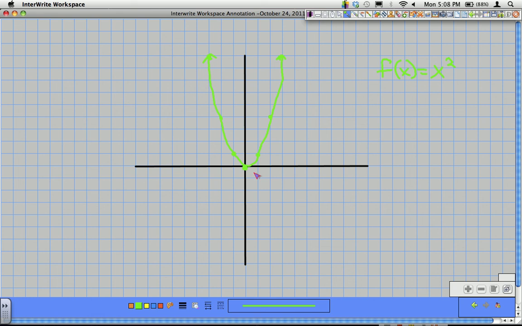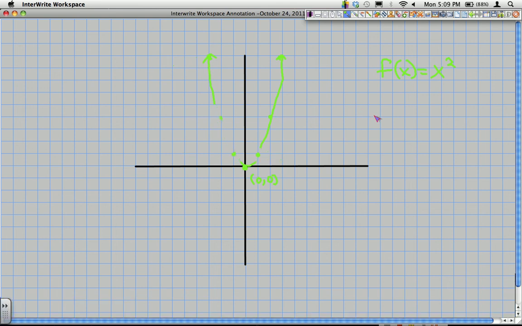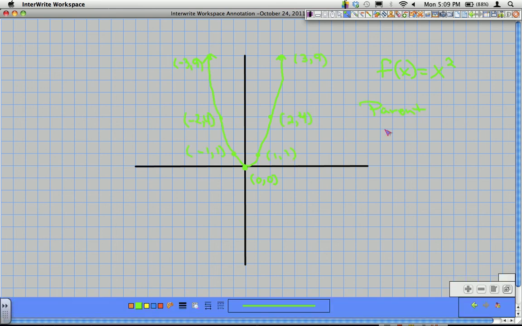And again, the quicker you can learn these points, the easier it is to do some of the transformations that we're going to deal with, because everything is going to get based on these points. This is known as our parent function, and that just means that everything that we deal with for parabolas and for quadratic functions is going to come back to this original graph.